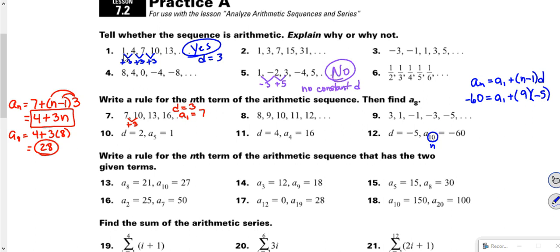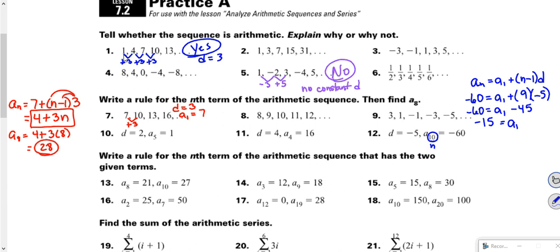So the 10th term of the sequence is -60. N minus 1 is going to be 9, because that's 10 minus 1, and then times the difference of -5. So this gives me -60 equals A1 minus 45. So my first term, if I add 45 and move it over, is -15.